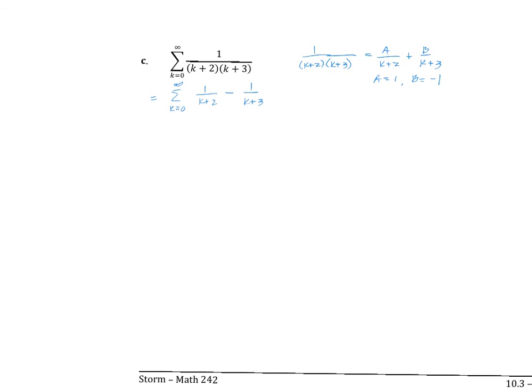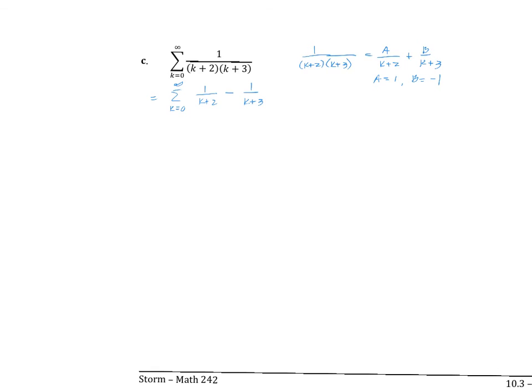Now notice that this is telescoping. I'm starting with k equal to 0. If I want my first n terms, I could change it to k equal to 1 and subtract 1 from my k values. Or you don't really have to do that, if you notice that when you expand it out, you're going to stop at 1 less.